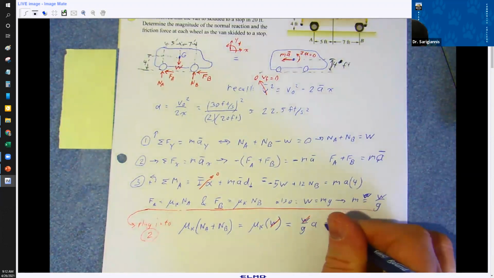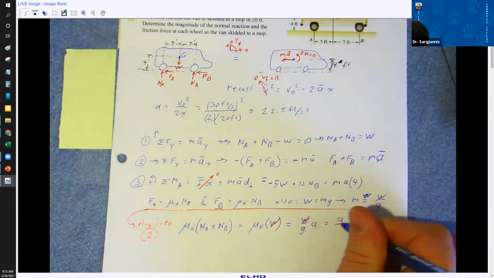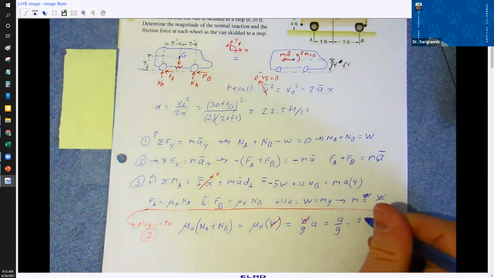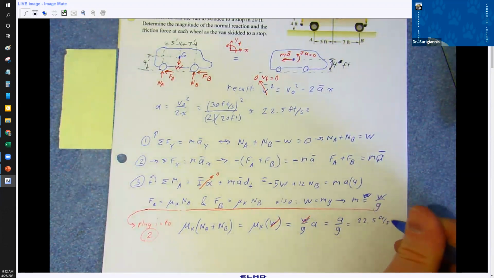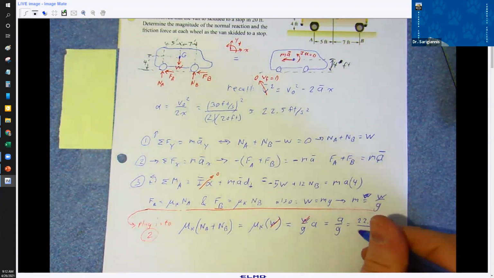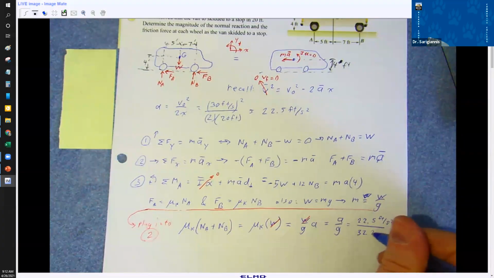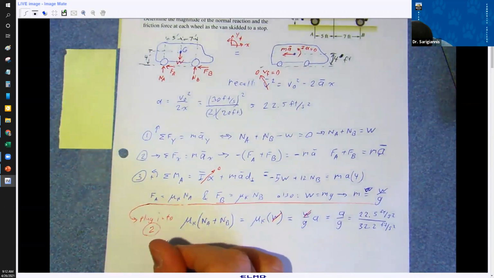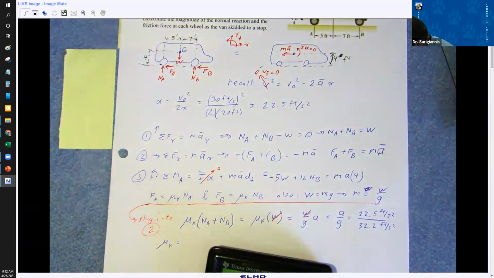And you can see that mu k is equal to A over G, which is 22.5 feet per second squared, divided by gravity, which is 32.2 feet per second squared. So you wind up with mu k, what did I get? 6.9.